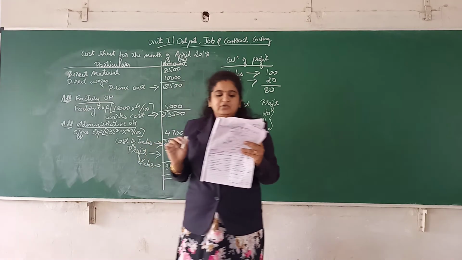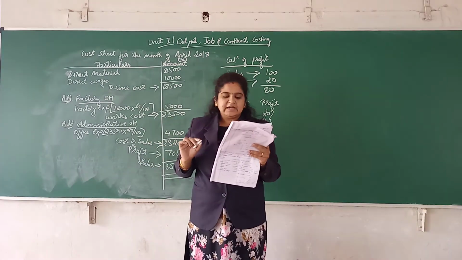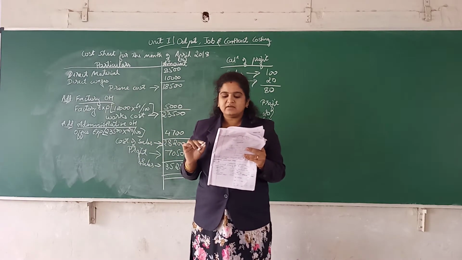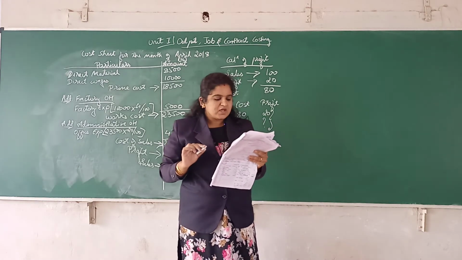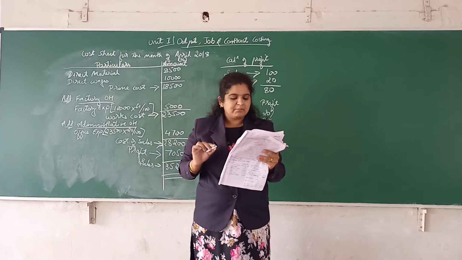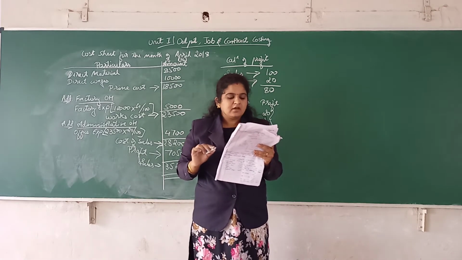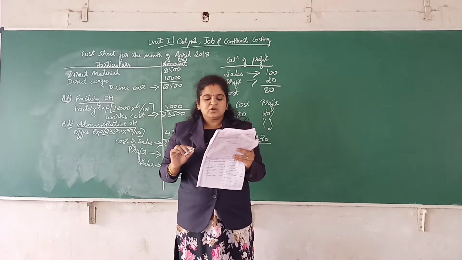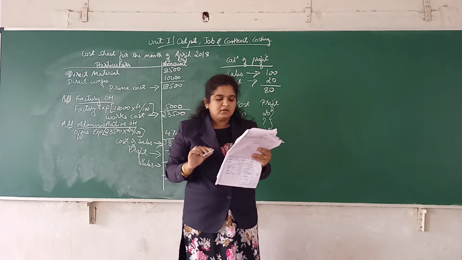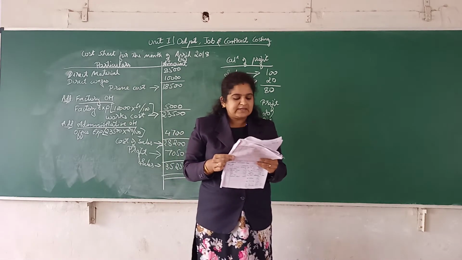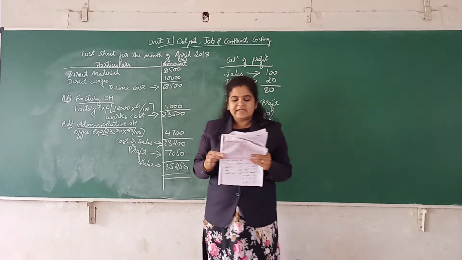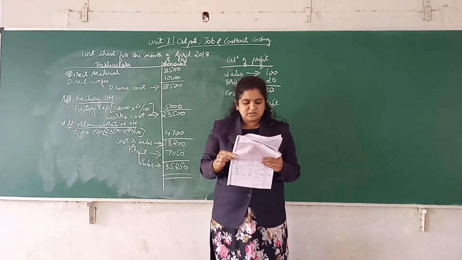The following particulars are extracted from the books and relevant sources in respect of Mr. Sanket and company. First point, estimated material cost of job number 106 is rupees 1 lakh and the direct labor cost is likely to be rupees 20,000.